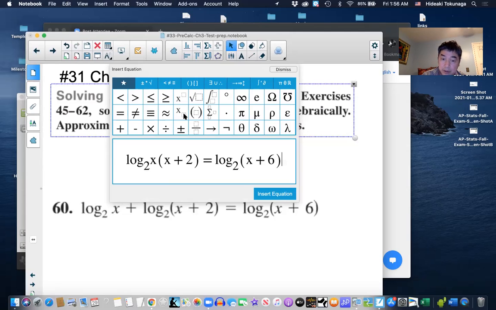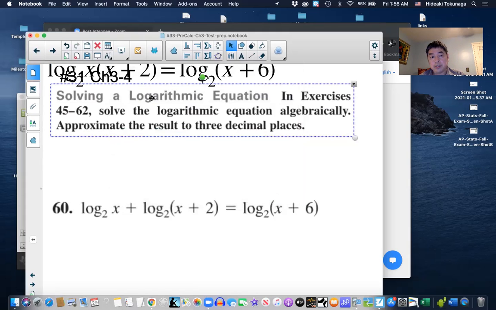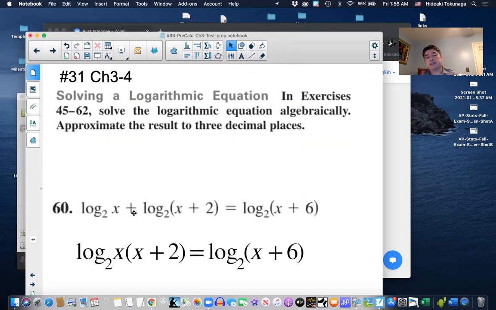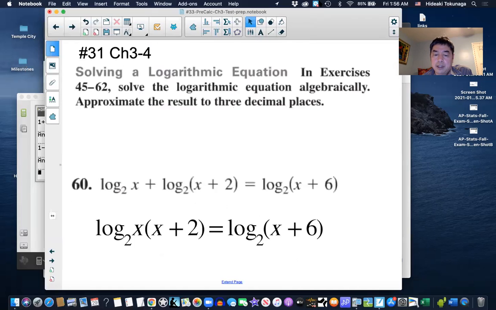Let's see, this is okay. Is this equivalent? So left hand side, I made it the multiplication because it's the addition here. Same here. Okay. Now, what you can do is, since log base 2 and log base 2, you can eliminate log base 2. Okay, and write the equation.